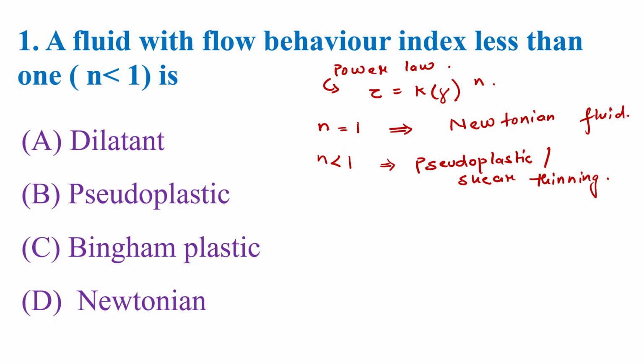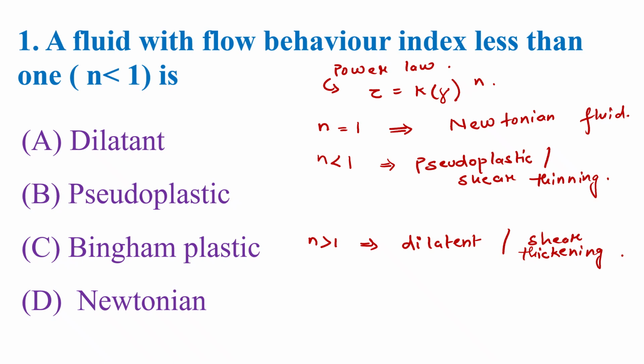Next, if n is more than 1, it will behave as a dilatant or shear thickening fluid. It means the more we stir, the more it will become viscous, like cornstarch.